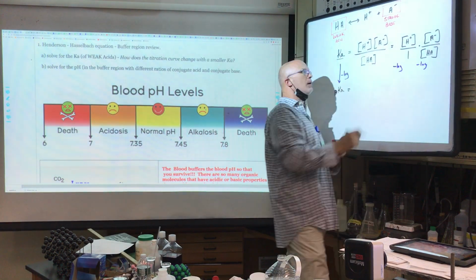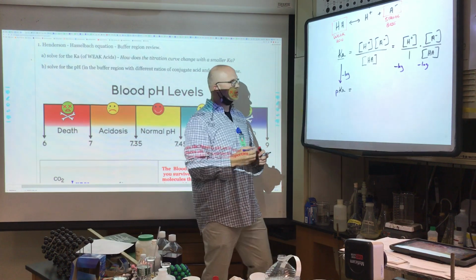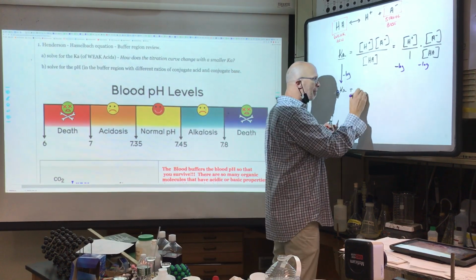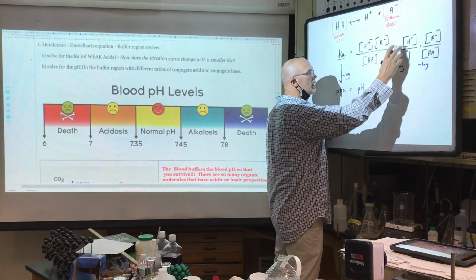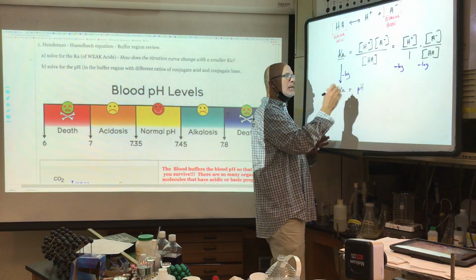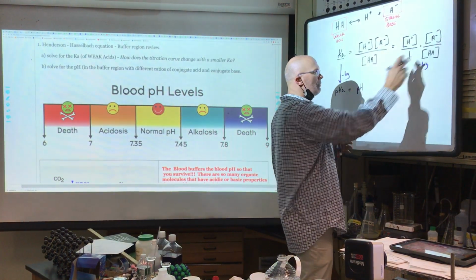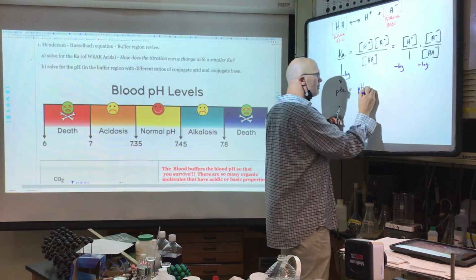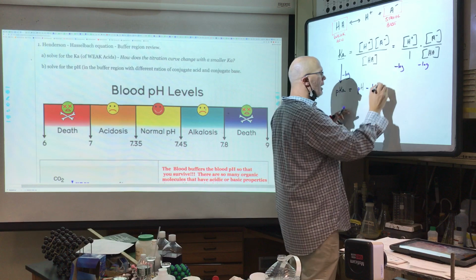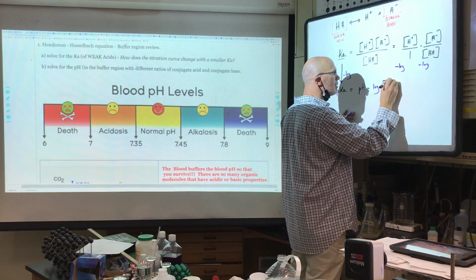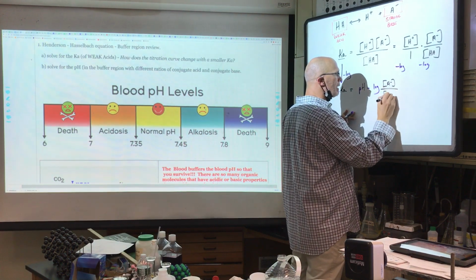The negative log of the H plus ion concentration should be the pH. That's all I did. I separated because I know there'll be pH. Now I'm going to times it by the negative log of that expression, which is the conjugate base over the conjugate acid, HA.